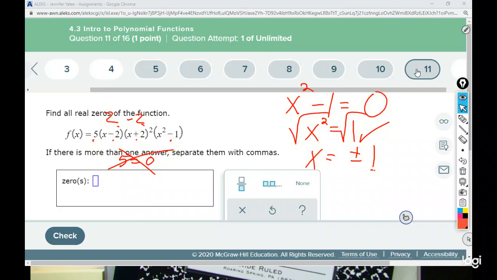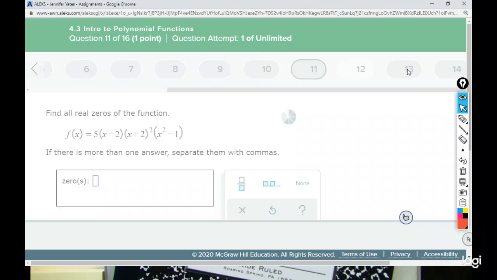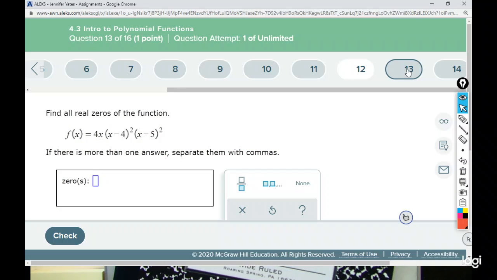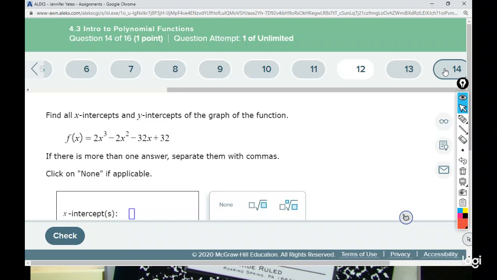Okay. Let's remember how to factor a little bit. Did I say 13 or did I say 14? Find all the x and y intercepts of the graph.